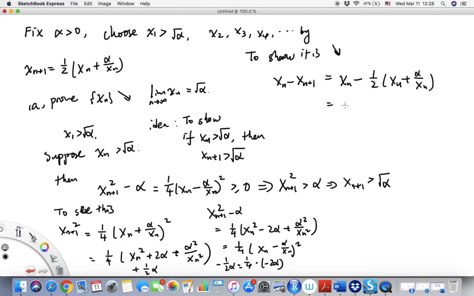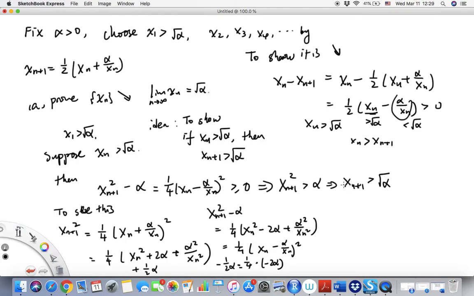So that's, what is it? That's 1/2 xn minus alpha over xn. Okay, so now we know xn is greater than square root of alpha. So this is greater than square root of alpha, and this would be less than square root of alpha. So you can see the difference is positive. Okay, so that shows xn is greater than xn plus 1. Okay, so our sequence is decreasing.